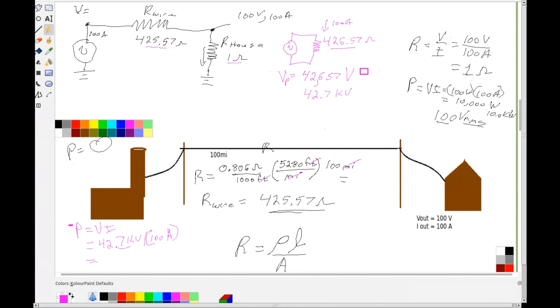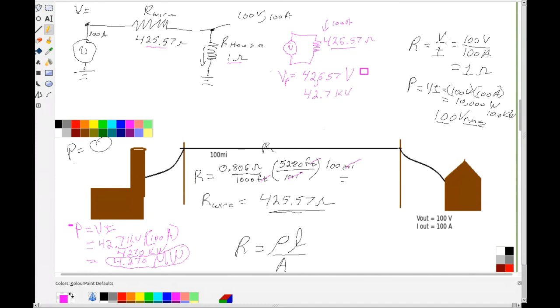So we got to shift this two more decimal places, right? I want to make sure I'm doing it right here. So that's going to give me 4270 kilowatts, right? Or 4.27 megawatts.